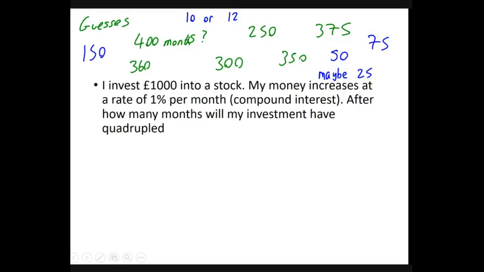Now we can actually do the maths and we're not going to guess. So would it be 1,000 times 1.01? Yeah, and then raise the 1.01 to some unknown power.